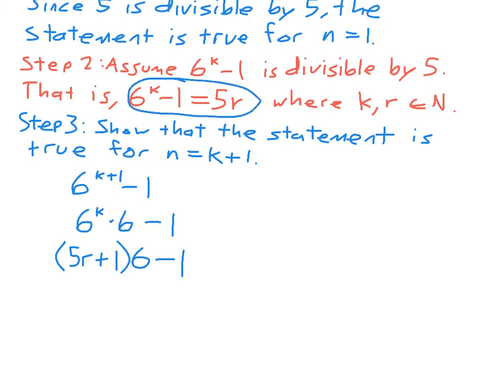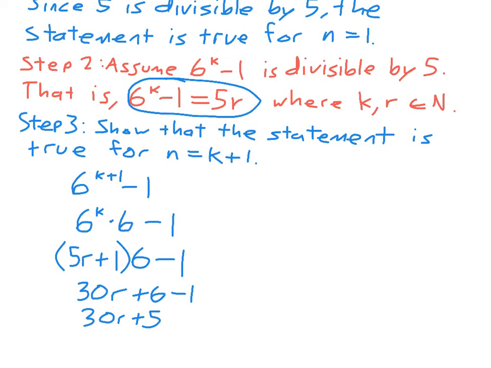I solved for 6 to the k, which is 5r plus 1, and I replaced the 6 to the k in step 3. Okay, distributing the 6, we get 30r plus 6 minus 1, which is 30r plus 5.